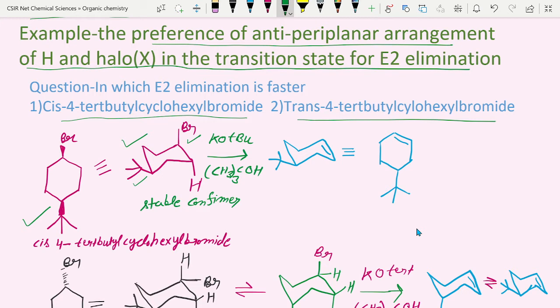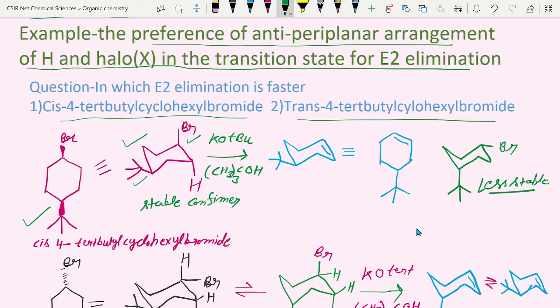There is another conformer we can write like this. In this conformer the bromine is equatorial and the tertiary butyl is axial, but this conformer is less stable.